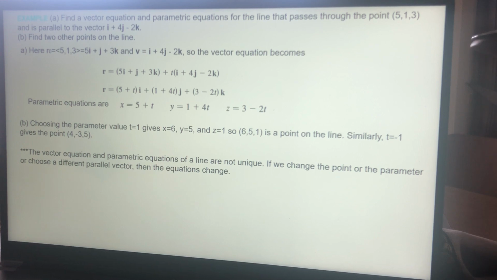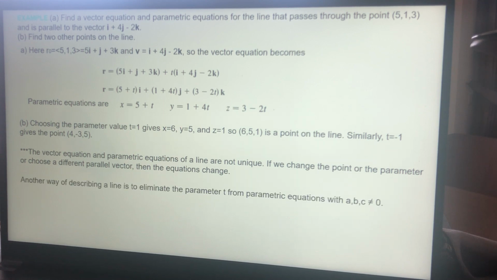Most of the time, you need to just try to imagine what you have, and from the tools you have, you need to get the things you need, which means a point and the direction of the line. Okay, and neither the vector equation or parametric equation of a line or a plane are unique. It will change according to the given point or the direction of the vector. It's not unique. Okay.